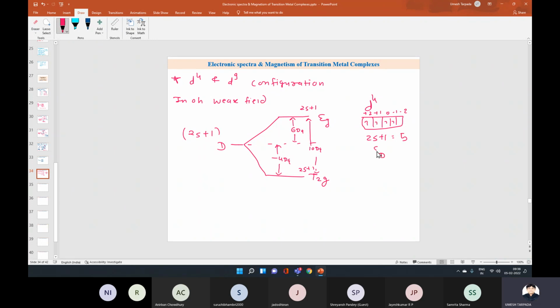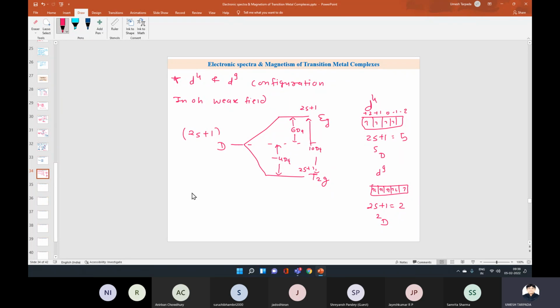So it's a 5D term. What about D9? 2. The multiplicity is 2, a doublet term, yes. In D9 there is only one unpaired electron, so the 2S+1 value is 2. It's a 2D term. So that is the case for D4 and D9 configuration in an octahedral field.